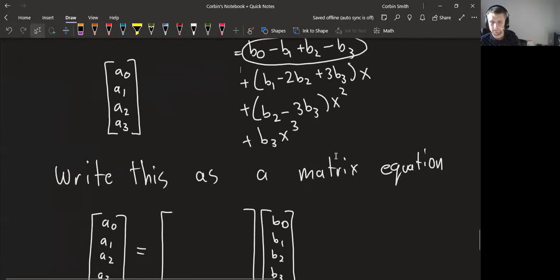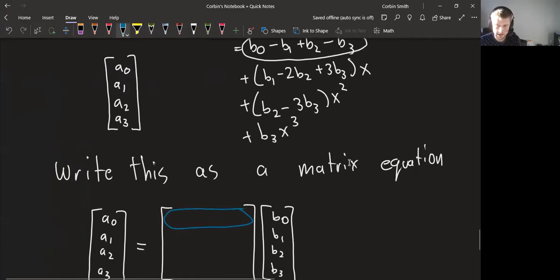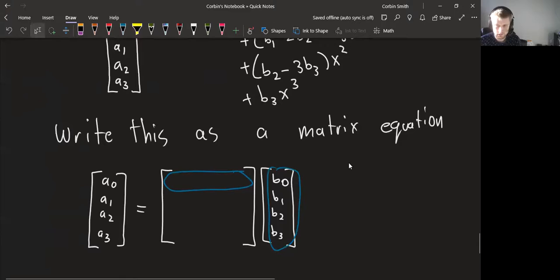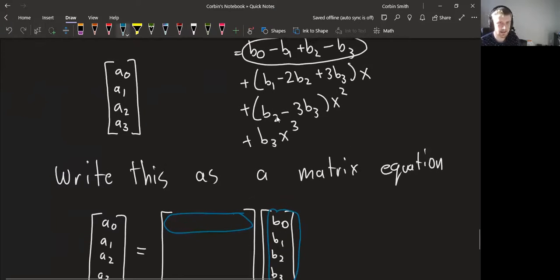Since matrix multiplication is row by column, we're going to have a 1 at the b0, a minus 1 at the b1, a 1 at the b2, and a minus 1 at the b3.